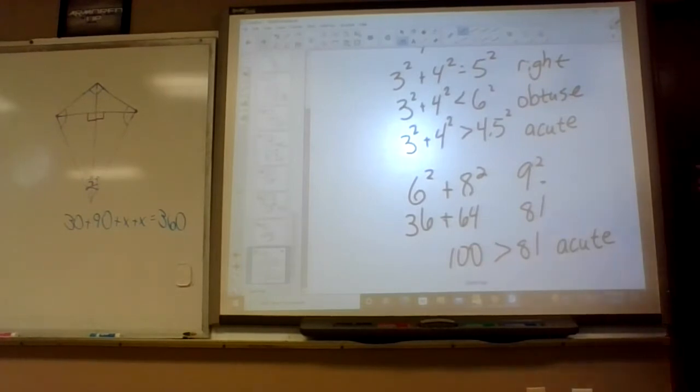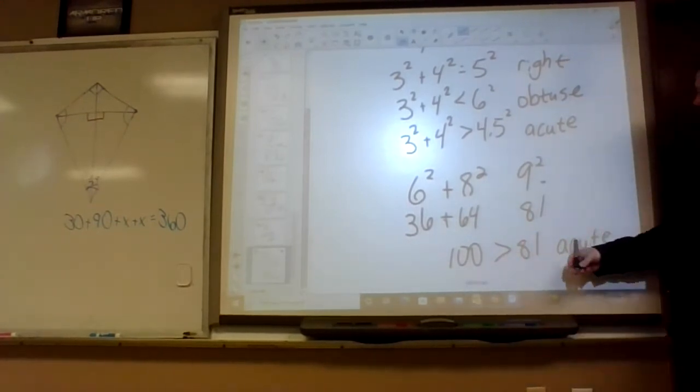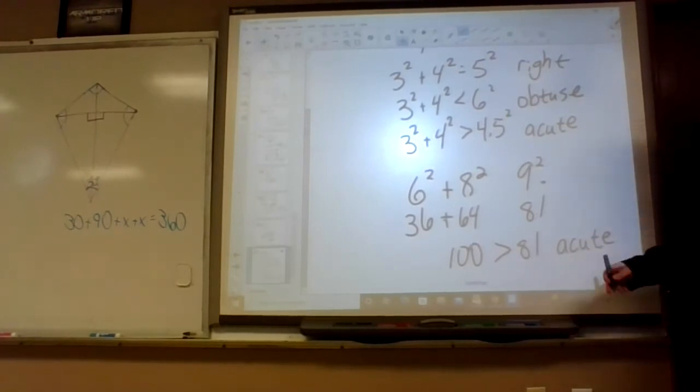And seeing who wins. If it's a tie, it's a right triangle. If the big one wins, it's an obtuse triangle. Obtuse means a big angle, right? The big one wins, it's a big angle. If the big one loses, it's smaller, and then it's an acute angle. So number 13 is an acute triangle.